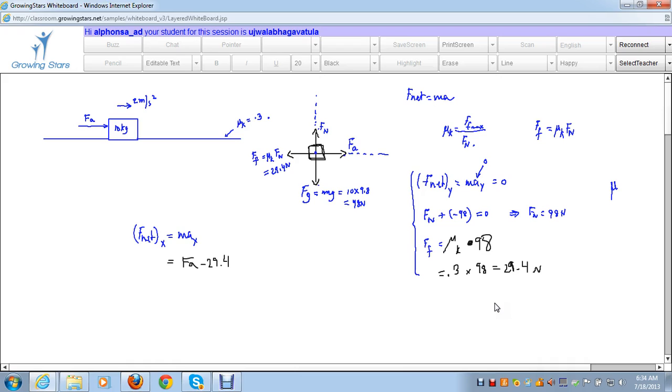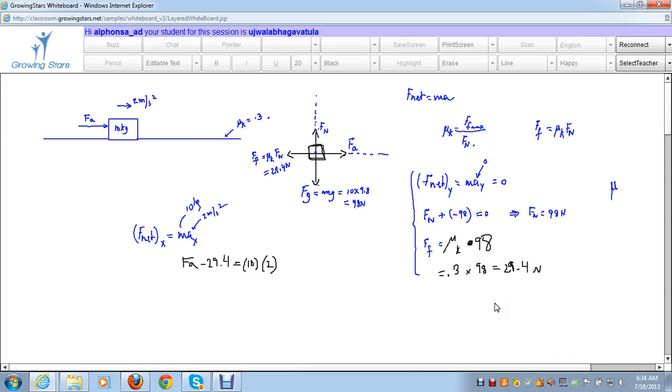You can write equal to, yeah, mass is 10 kilogram. And what's the acceleration given? It's 2 meter per second squared, isn't it? Yeah, very good. So from there you can calculate the applied force. Do you understand?